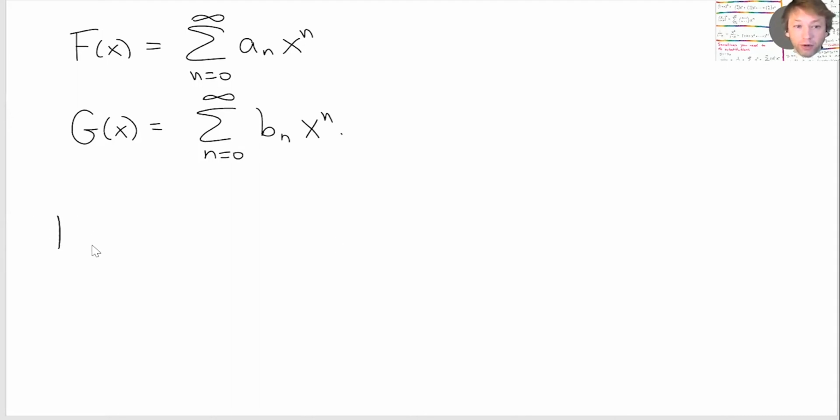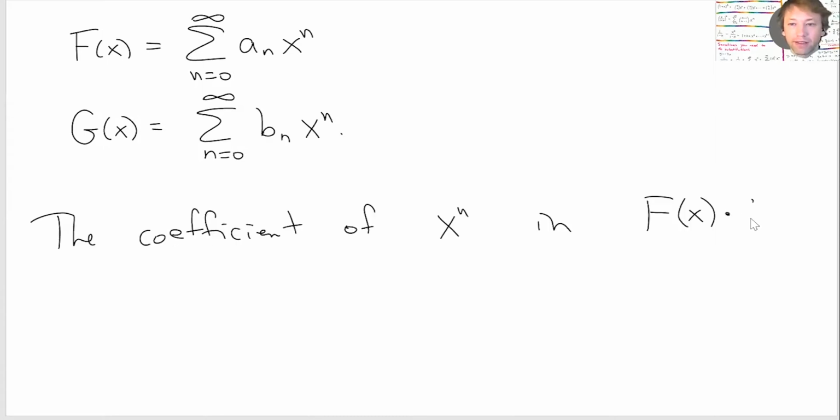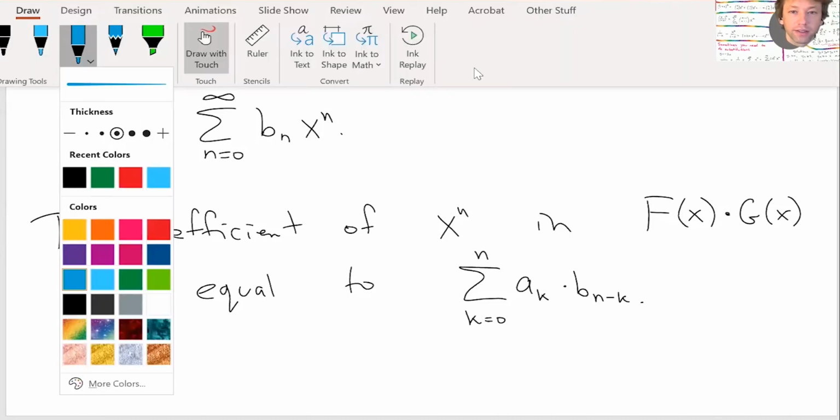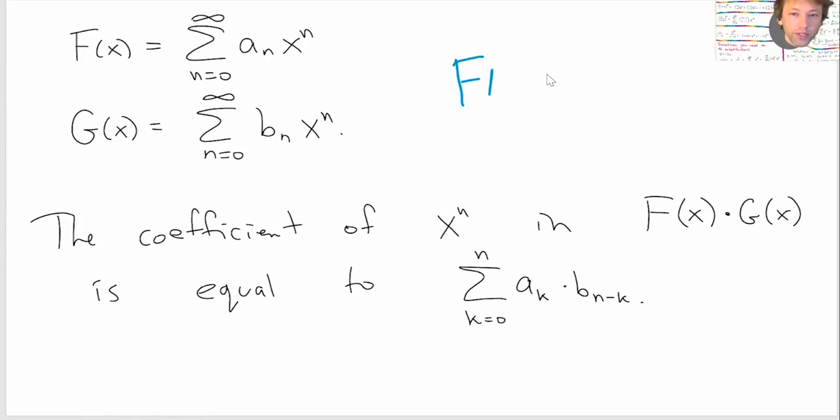What I'm using is that the coefficient of x to the n in f of x times g of x is equal to the sum over k of a_k b_(n minus k). This is just a basic fact, which is not hard to prove.